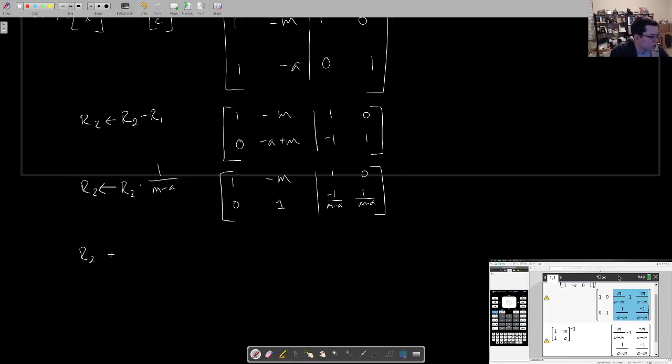R2 is now done. Now all we got to do is R1 equals R1 plus m times R2. So we have 1 plus m times 0 is 1.